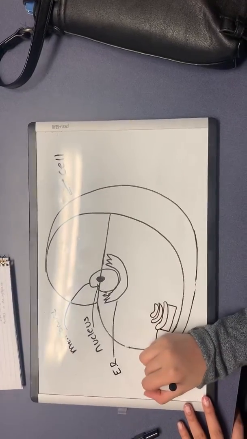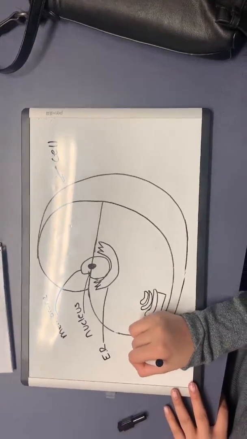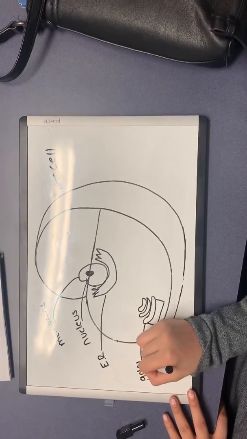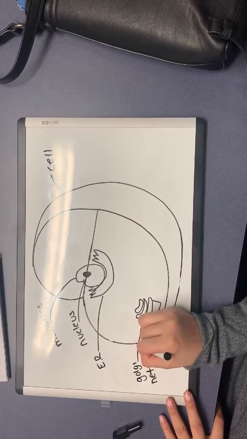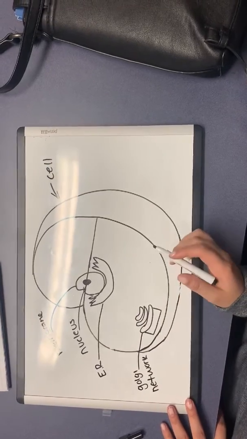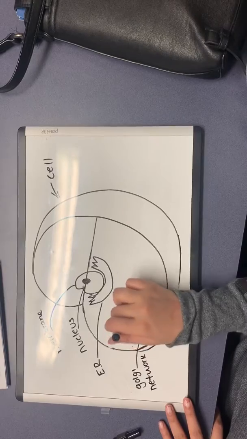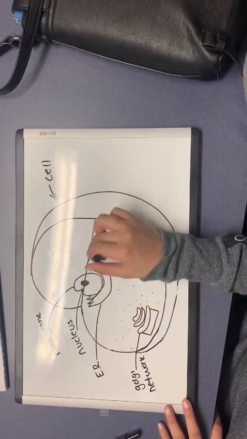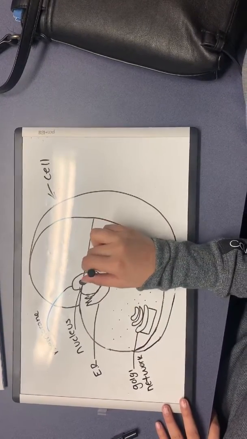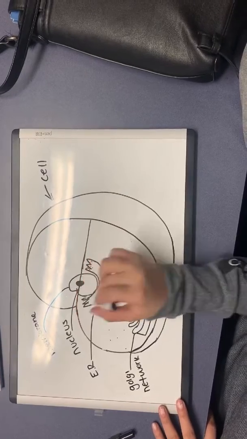Its job is to store and modify proteins, preparing them for transportation to other parts of the cell, which leads us to ribosomes. Ribosomes make proteins and can be found bound to the ER or floating in the cytoplasm.